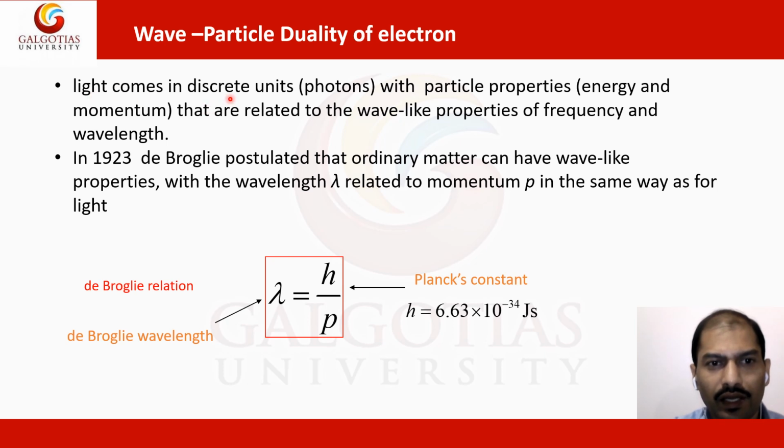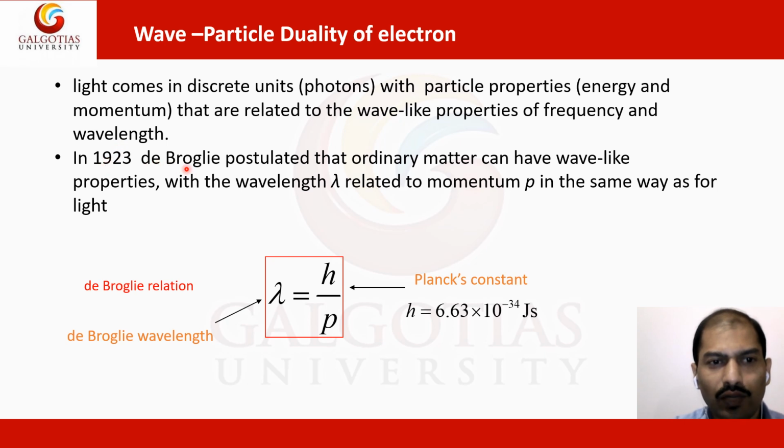Light comes in discrete units, generally called energy packets, or photons. With the particle property, both energy and momentum are related to the wave-like properties of frequency and wavelength.